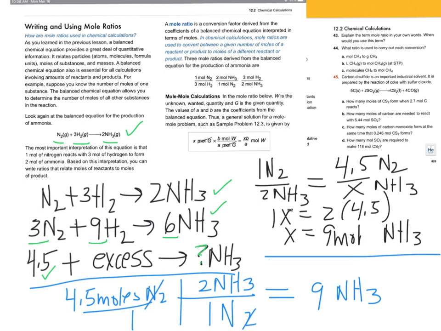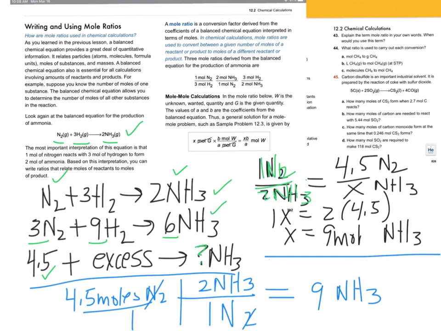In this case, and in all the problems today, and really you'll use this action throughout the rest of this chapter, you look at the original ratio in your balanced equation. So in this problem, we're concerned with N2 and NH3. We look at the balanced equation and we see that for every one N2, we needed 2 NH3s.